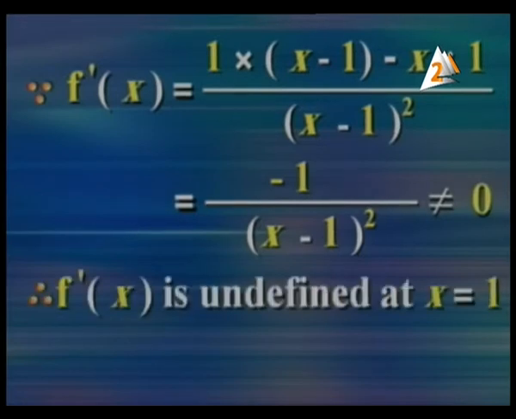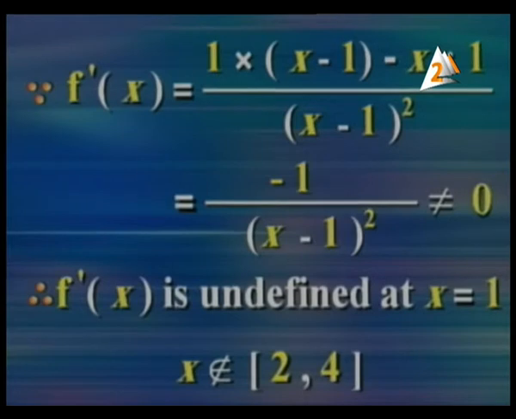Remember, this function is never equal to 0. f dash x is undefined when x equals 1. Why? When x equals 1, the denominator becomes 0, and negative 1 over 0 has no meaning, it is undefined.